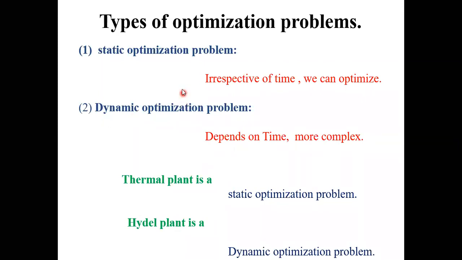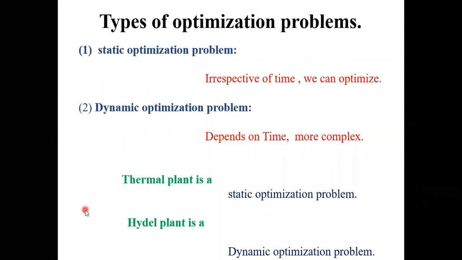When the parameters are constant with respect to time, that is a static optimization problem. This classification mainly depends on whether those parameters are constant or variable with respect to time.